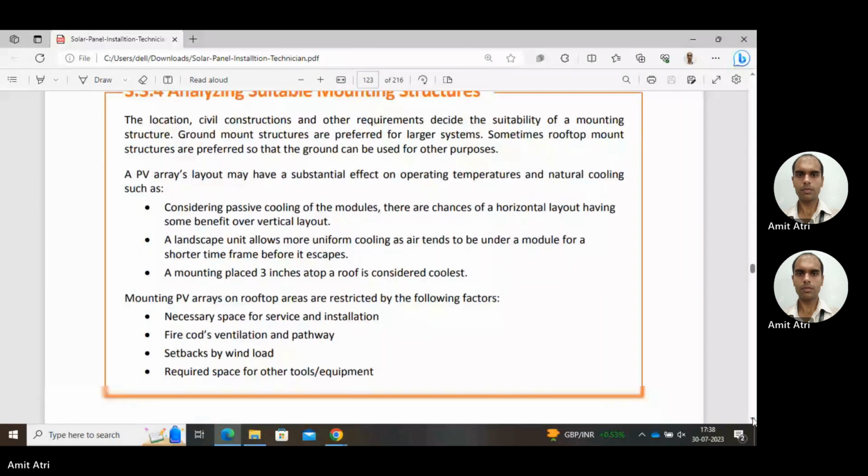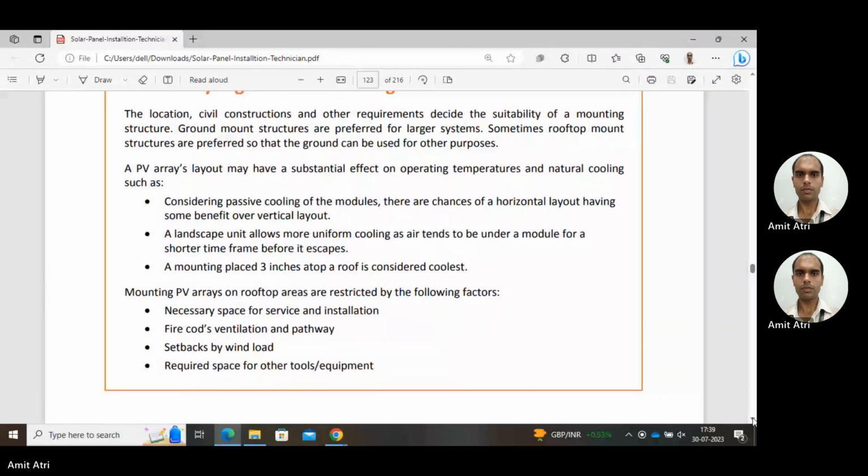Consider these factors: the necessary space for service and installation; fire code, ventilation and pathway; then setback by wind load; then required space for other tools and equipment. We cannot compromise on these.